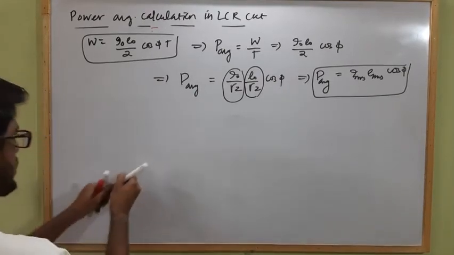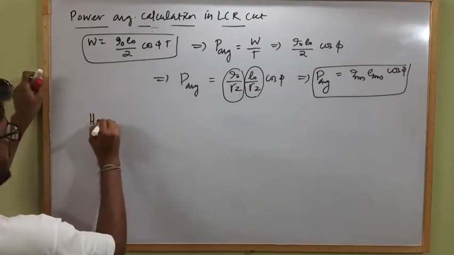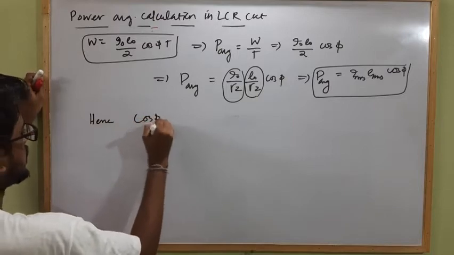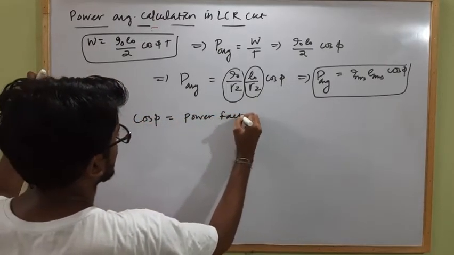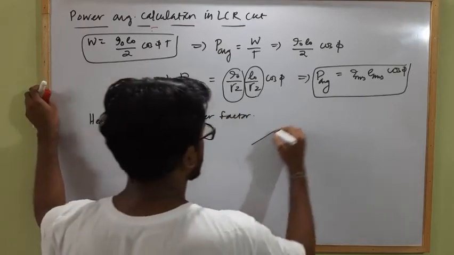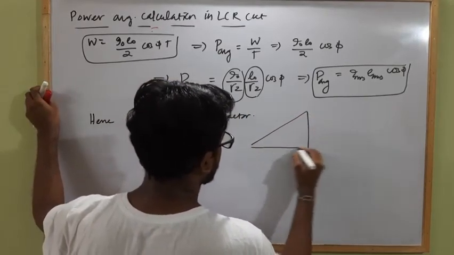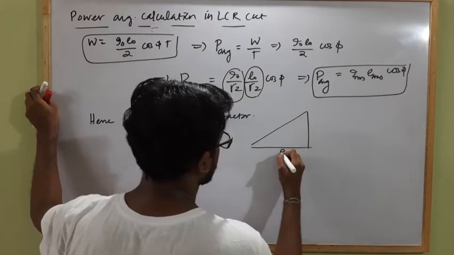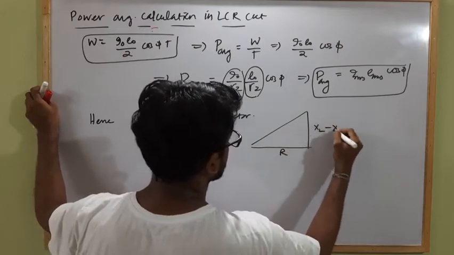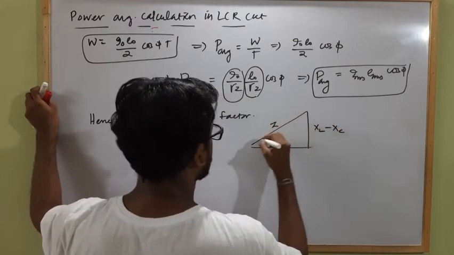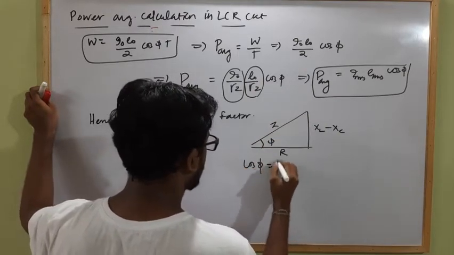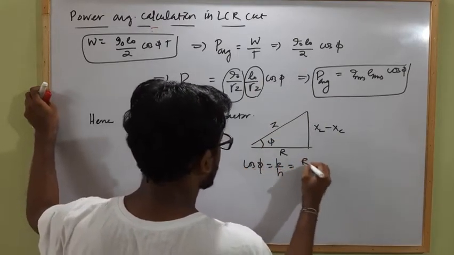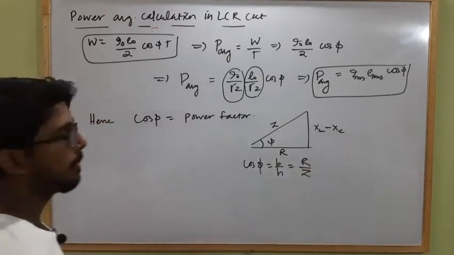And here cos phi is known as the power factor, and from the impedance triangle we know what cos phi is. If this is R, this is XL minus XC, this is Z, and this angle is phi, so what is cos phi? Cos phi equals base by hypotenuse, that is R by Z. Clear?